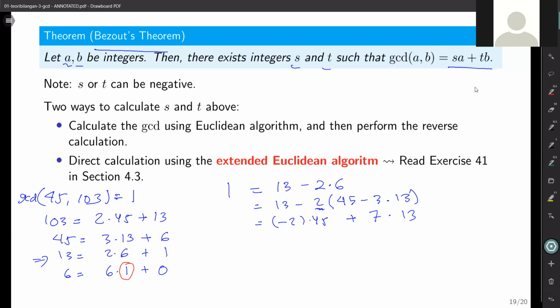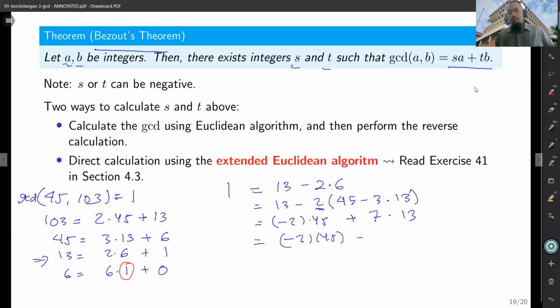And what's next? Which one do we replace? 45 or 13? Which number do we replace? 13. Correct. So minus 2 times 45 plus 7 times, what is 13 then? 103 minus 2 times 45.